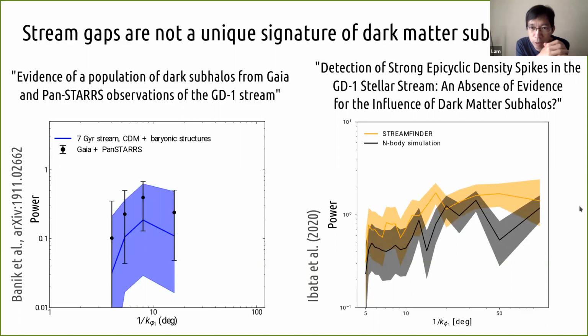Yeah, they just say that they didn't say that it cannot be the subhalos. They just said that part of that variation, or a large part of that variation, could be attributed to internal processes in the cluster itself.